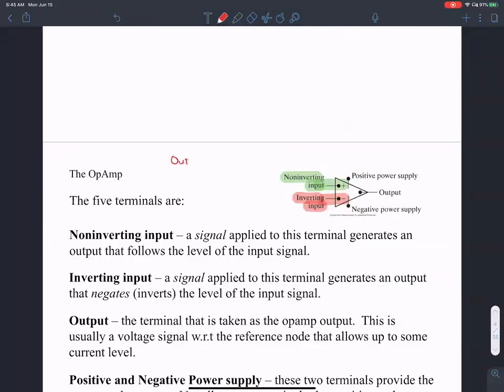The output is V positive minus V negative, times some amplification factor.